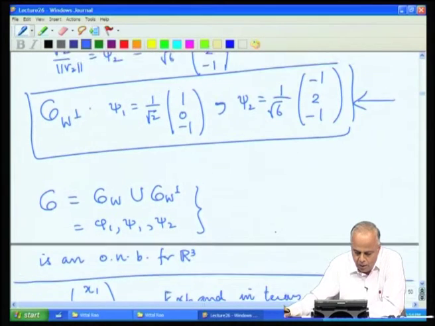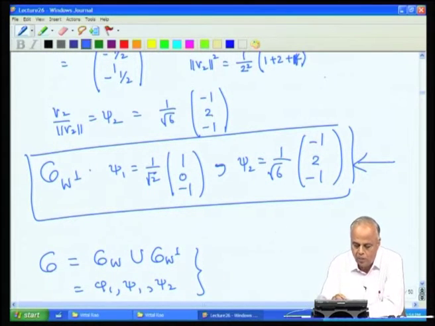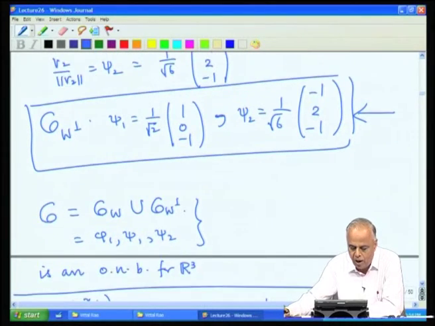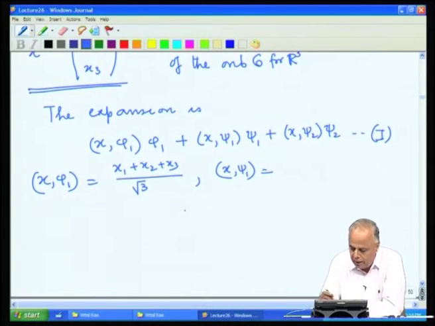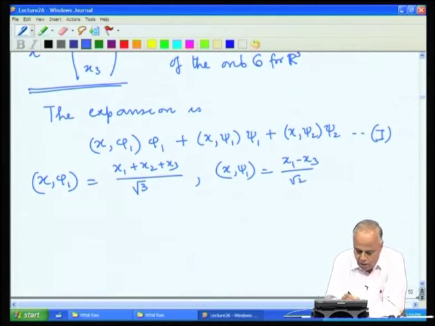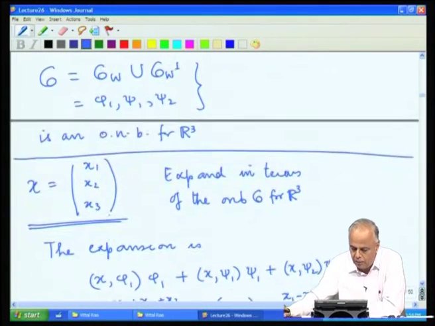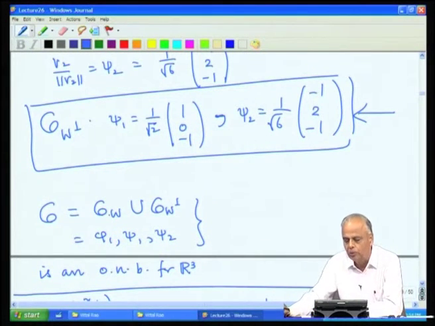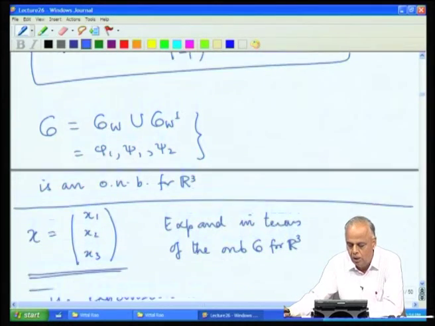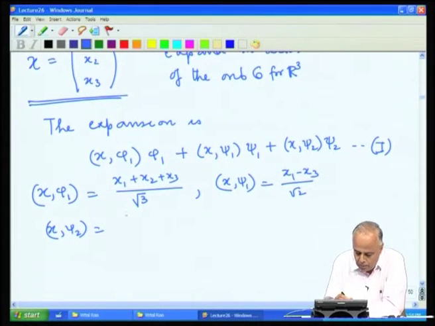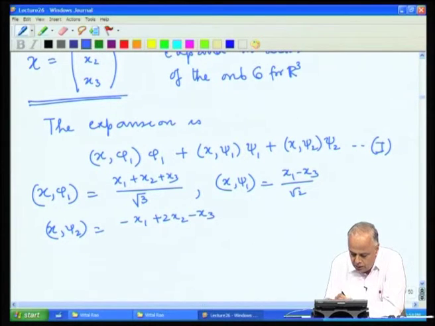We have psi 1 is this vector 1 by root 2 into 1 0 minus 1, and therefore, if we dot product with that, we will get (x 1 minus x 3) by root 2. And what is x dot psi 2? Again, we dot product with that vector psi 2, 1 by root 6 into minus 1 2 minus 1. So, we get (minus x 1 plus 2 x 2 minus x 3) by root 6.